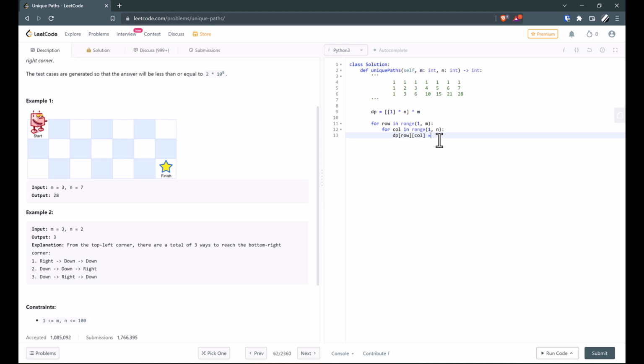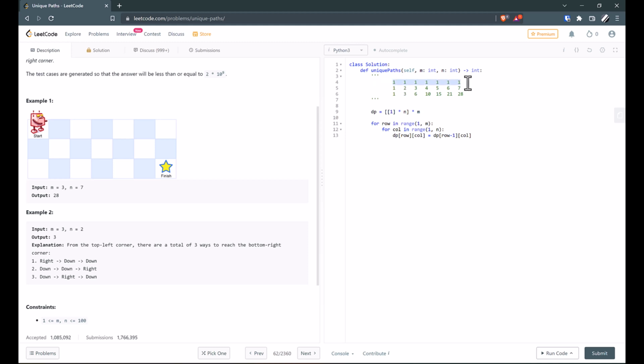Now when we are calculating the matrix values, one of them, the row, should be minus 1 and the column should be the same.